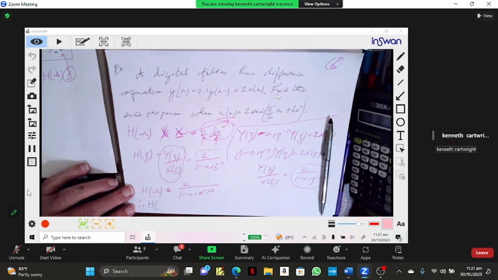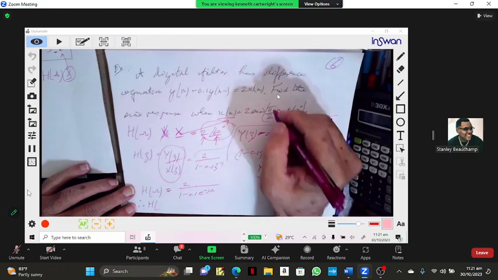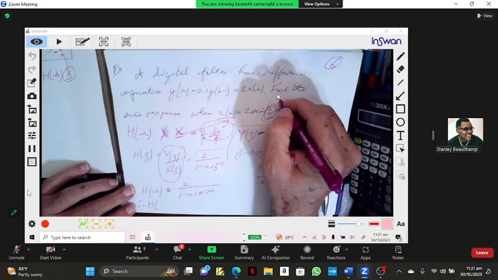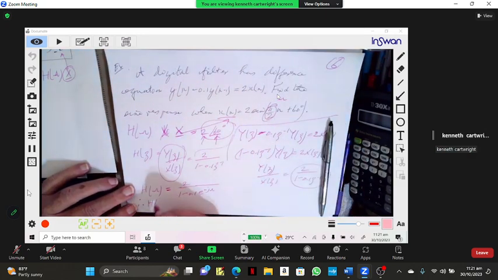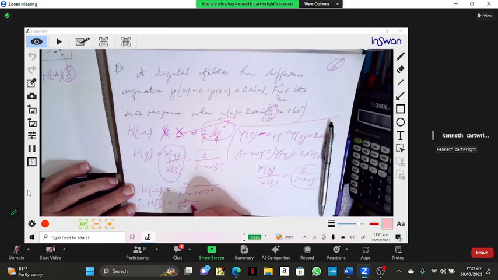I am asking what is the value of this omega in this problem? The value of this omega is pi over 2, yeah, because you read the number in front of n. That's omega. So H of pi over 2 is 2 over 1 minus 0.1 e to the minus j pi over 2.